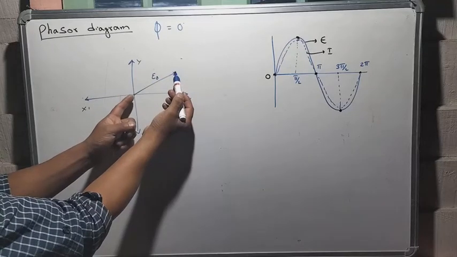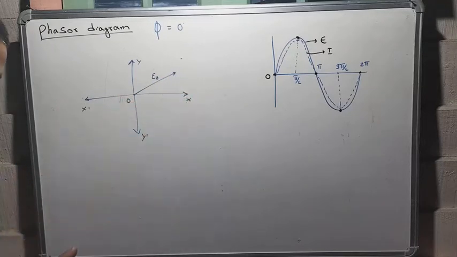The magnitude of this vector means the maximum value. Similarly, when you represent the alternating current using this phasor diagram, the magnitude of that vector should be the maximum value of current, and that will be I0.